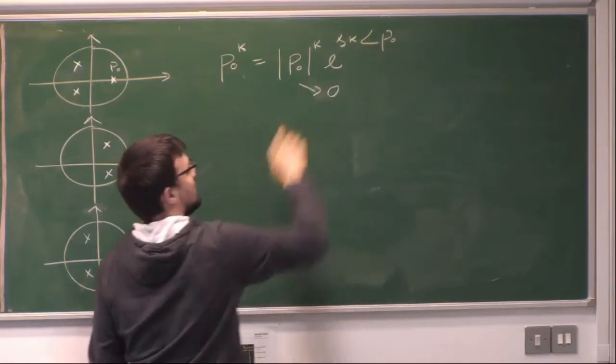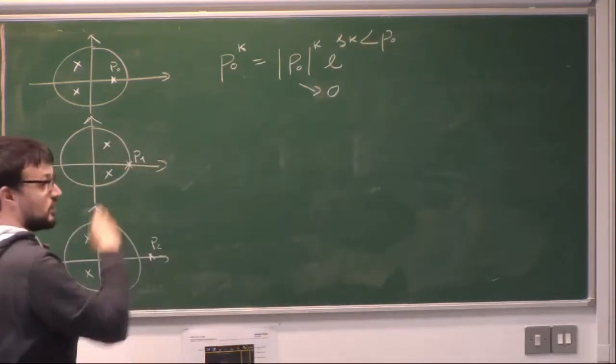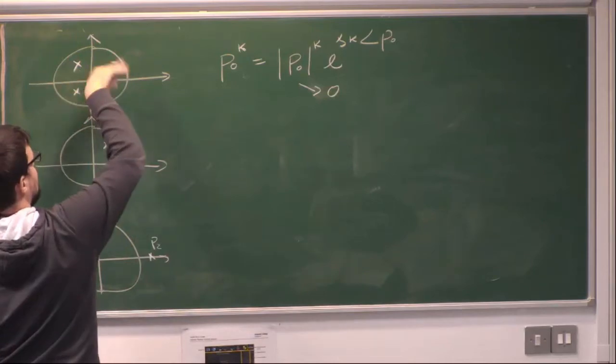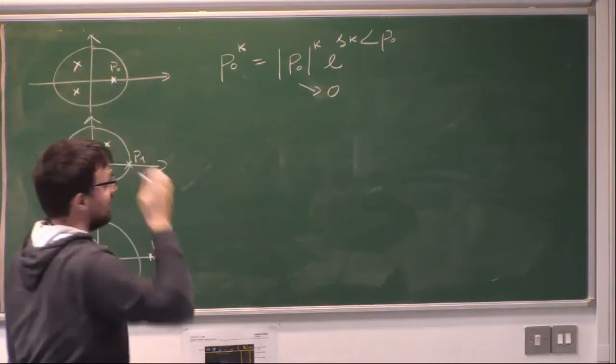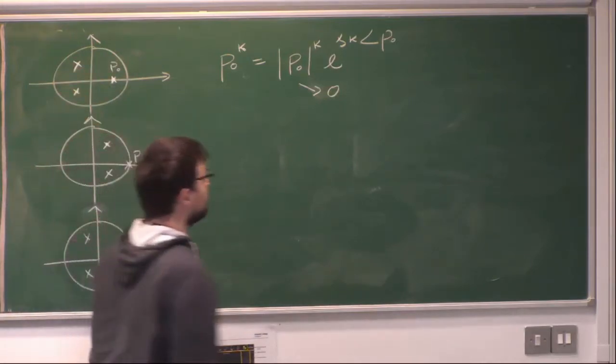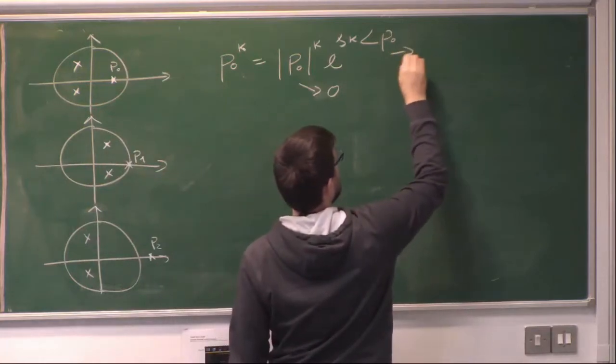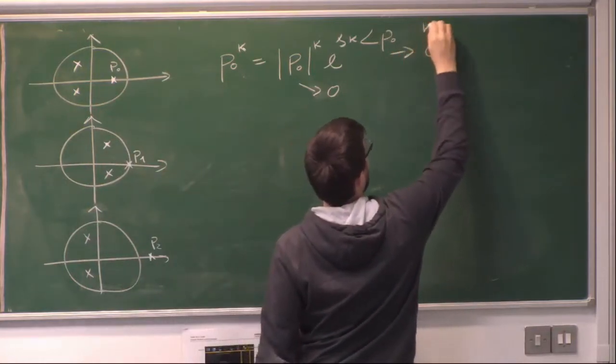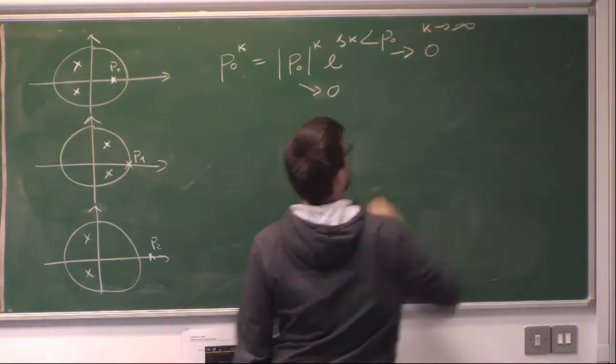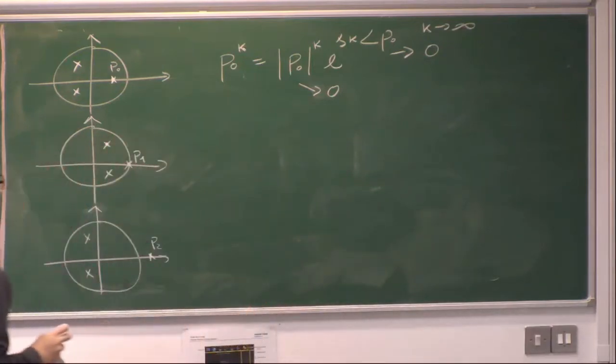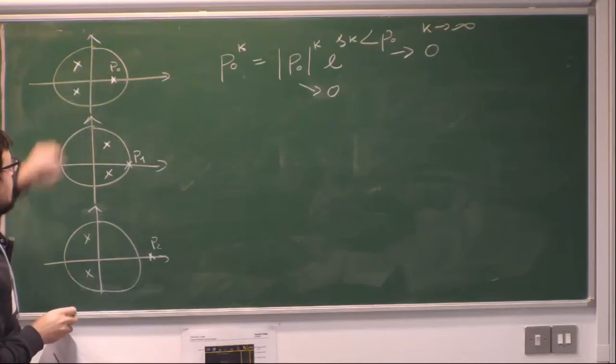This is just a rotation, so you will just make your point rotate, but it will not change the absolute value. So this means that this converges to 0 when k goes to infinity. Okay? So this is the case for the stable poles, for points that are inside the circle.